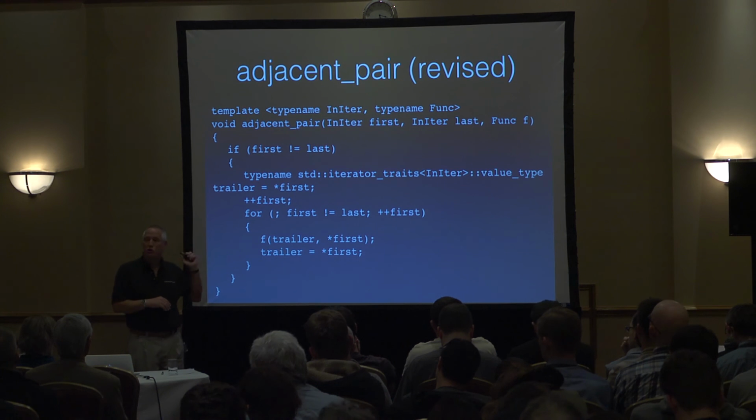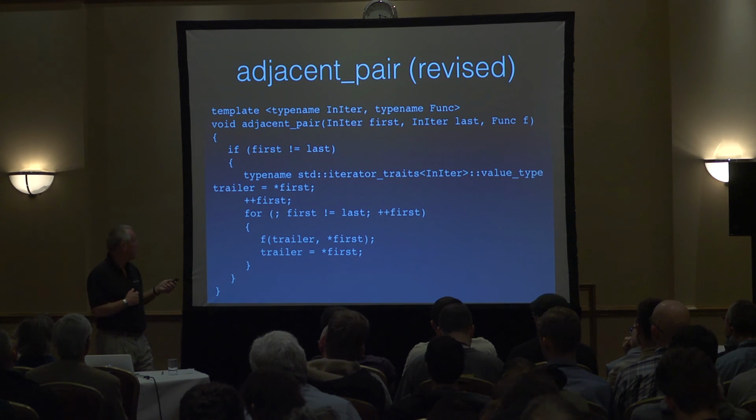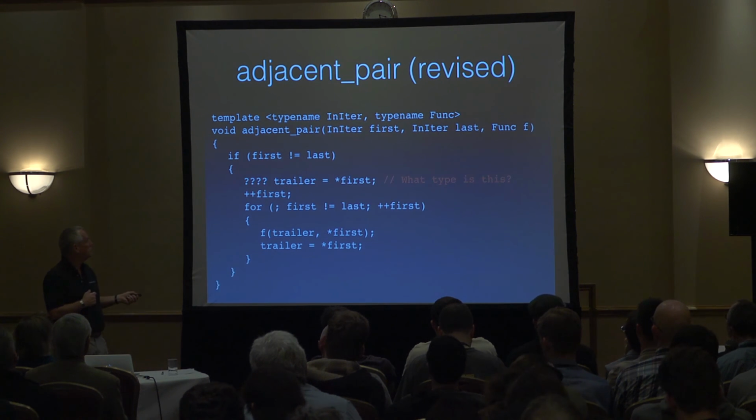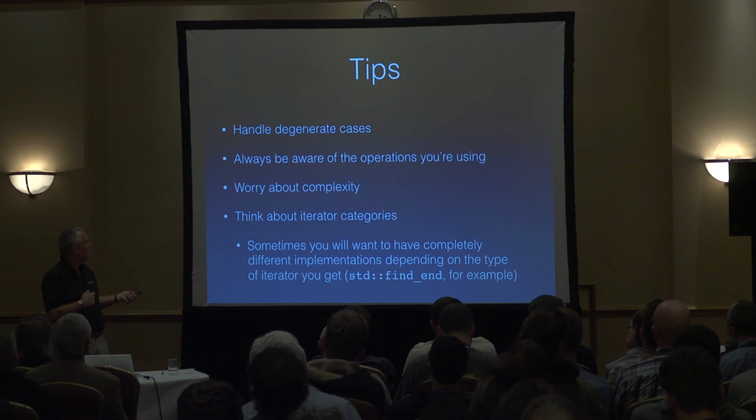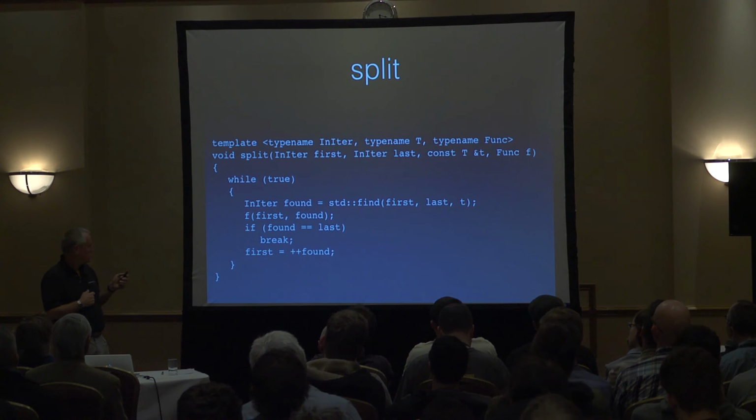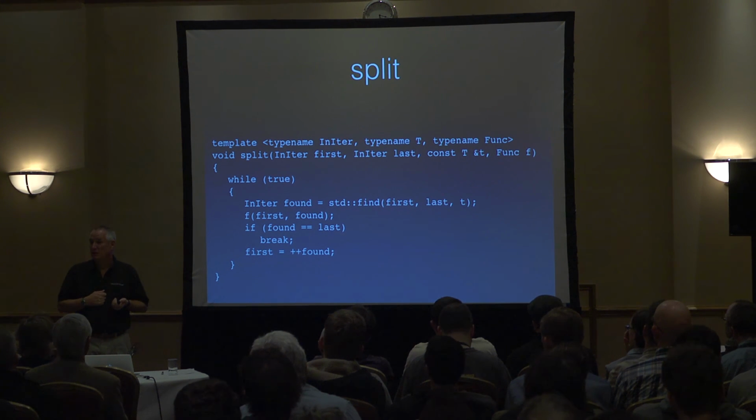One of the advantages of the algorithms, as opposed to just writing your own loops, is they're composable. Let me go back to split. You certainly couldn't write std::find as a loop here, because it really is 3 lines of code.